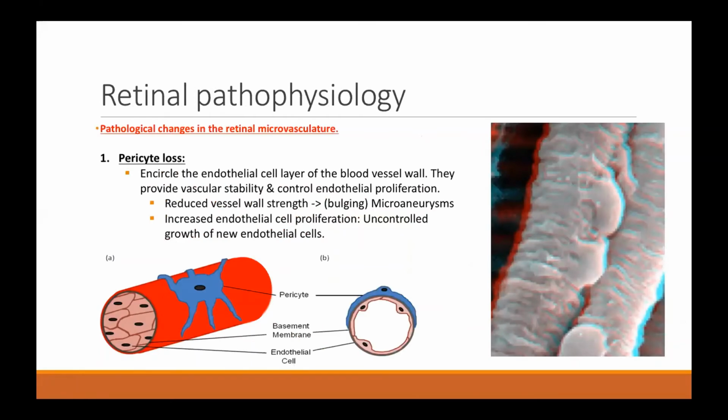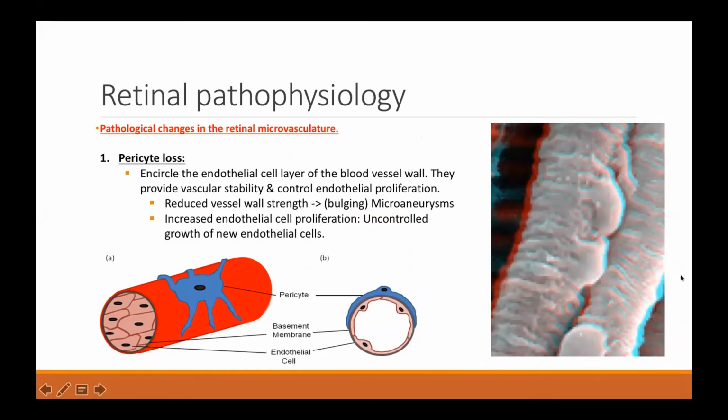So you've got the pathological changes in the retina. The first one being pericyte loss. Pericyte cells, which you can see here in the blue, encircle the endothelial cell layer of the blood vessel wall, which is the red bit. It covers it and goes over it, and you can see it nicely in this grey picture as well.